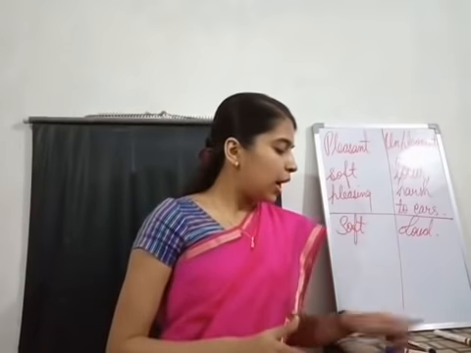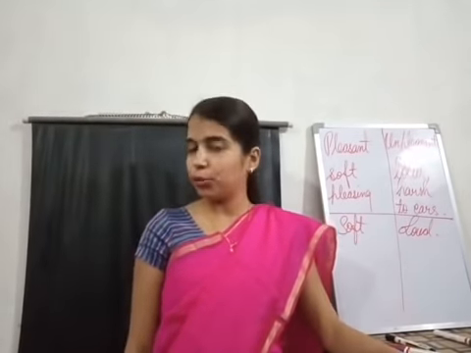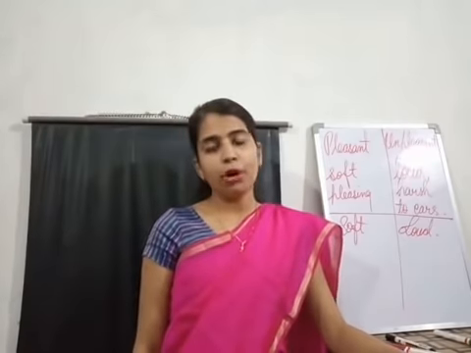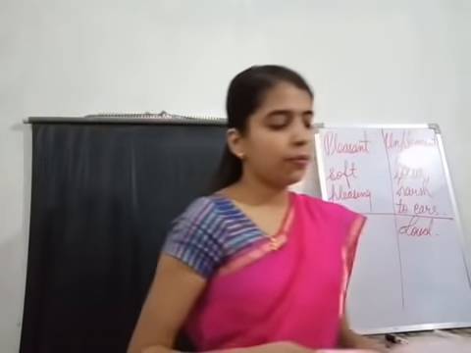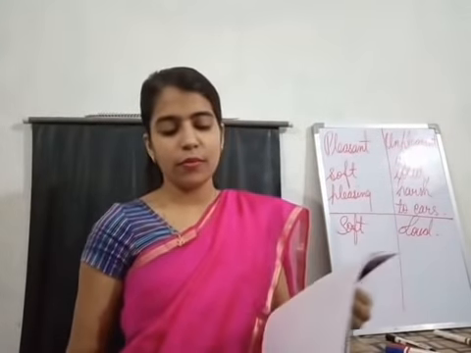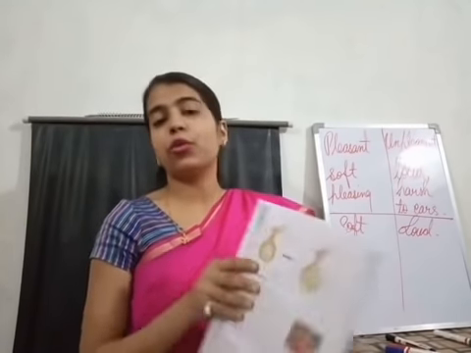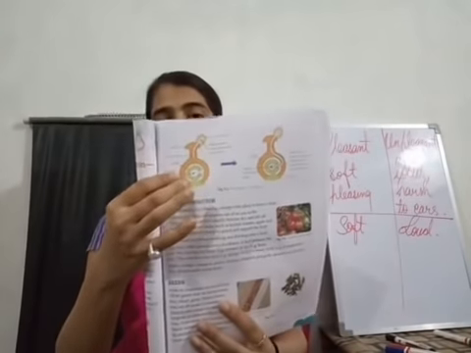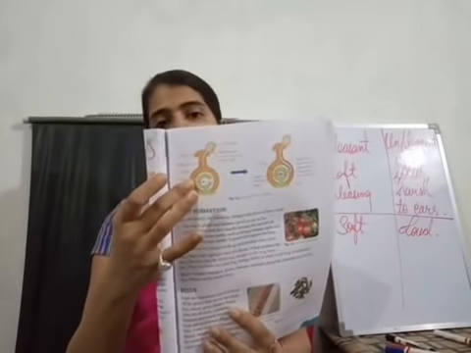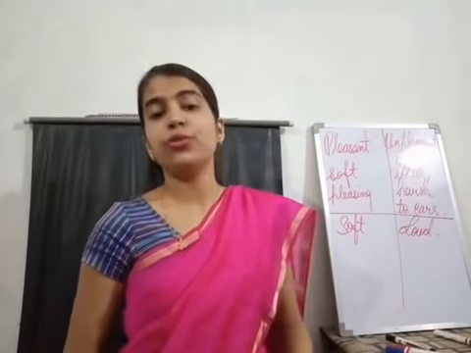Most of you were getting confused about what diagram to draw in the book for fertilization. For fertilization, only the first figure, figure 5.1, you need to draw. No need of drawing the second figure.